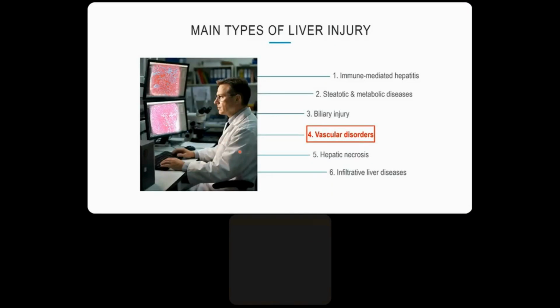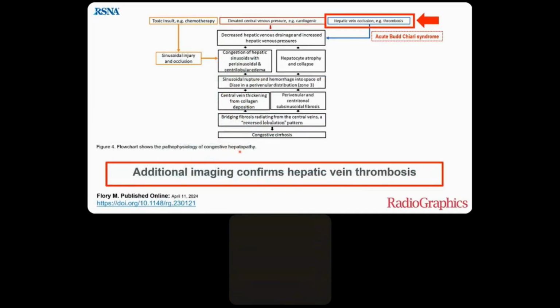So as you might have suspected here, the findings are characteristic of acute severe congestive hepatopathy. And following review of this liver biopsy, additional imaging was performed, which identified a hepatic vein thrombosis, and the patient was promptly started on anticoagulation.